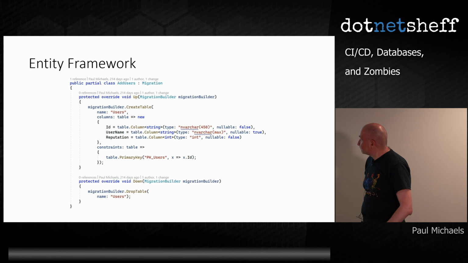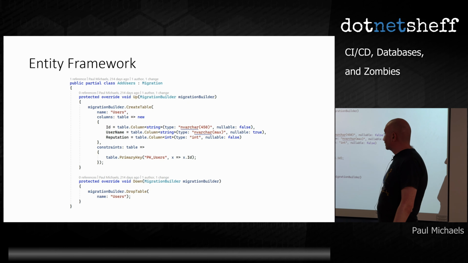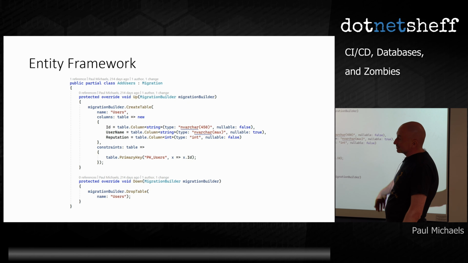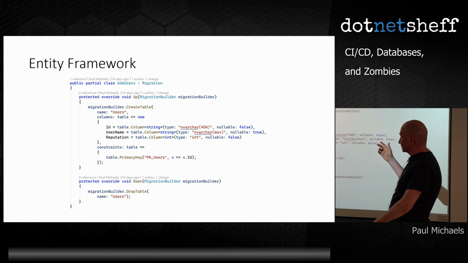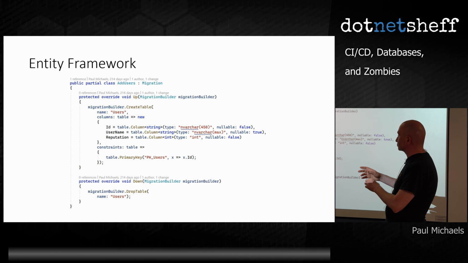Okay, so I imagine the 3 or 4 people that said that they use Entity Framework will recognise this. If you don't, basically Entity Framework has a relatively simple process where you attach a DB context to it, and you point it at a series of classes, and it converts those classes into database tables and structure.